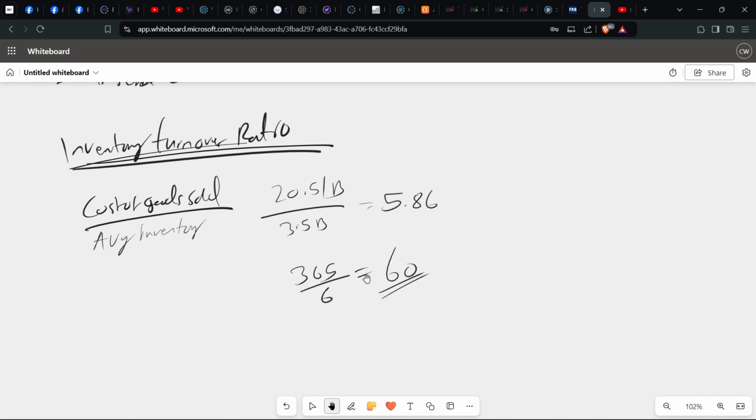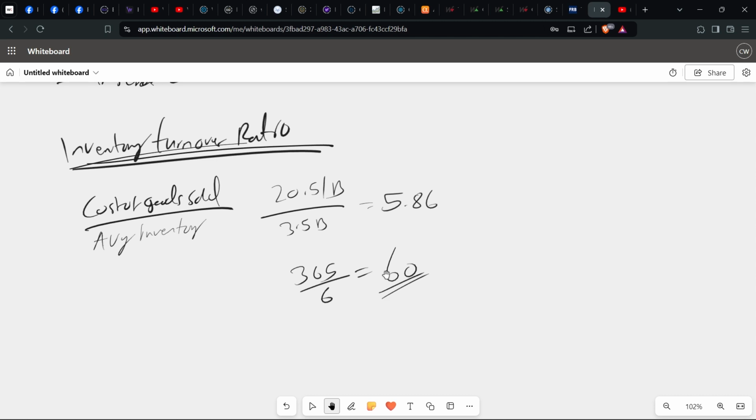Remember, Tesla's primary business is selling vehicles. So if a car stays 60 days before it's sold, it's not such a bad thing, because a car is a durable good. Durable goods are goods that are meant to last, and consumers won't buy durable goods as often as they buy other regular perishable goods.